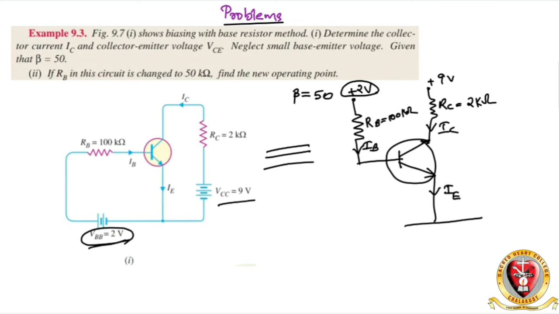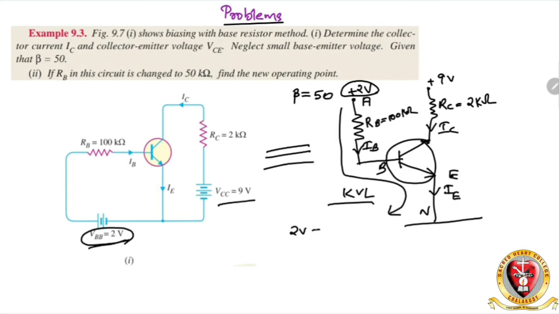So here, applying Kirchhoff's voltage law in the loop, we can see the value of RB. Just as in the previous case, let us apply Kirchhoff's voltage law in this loop. So what will be the Kirchhoff's voltage law?